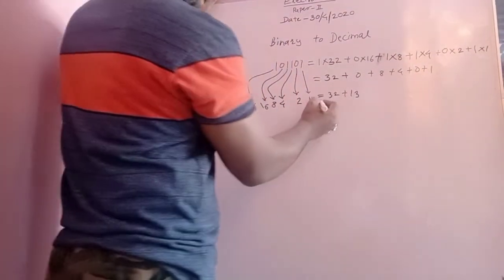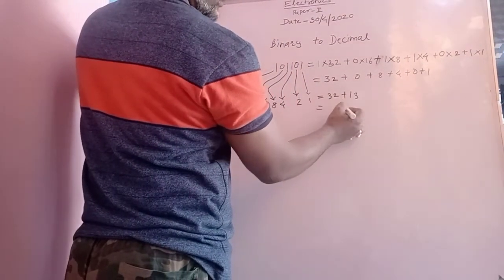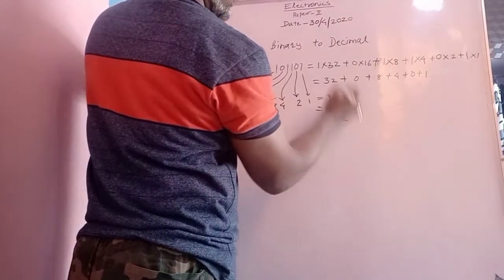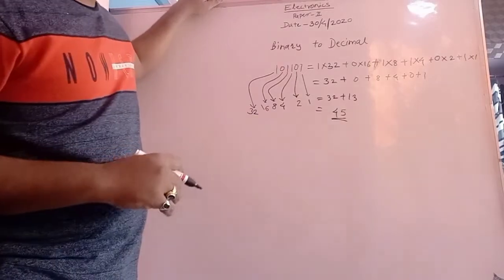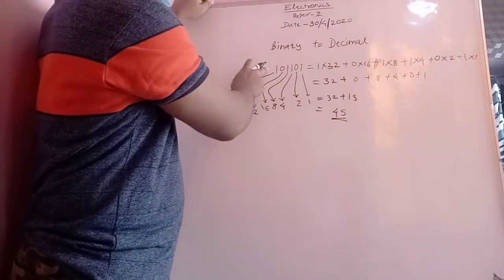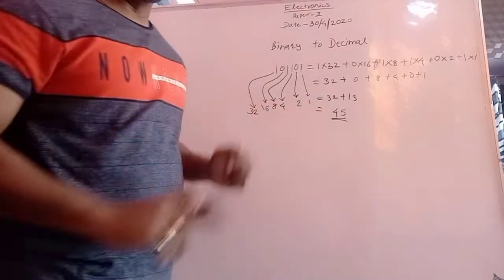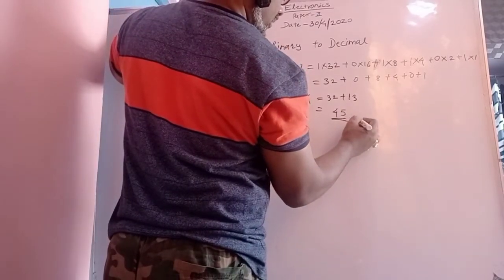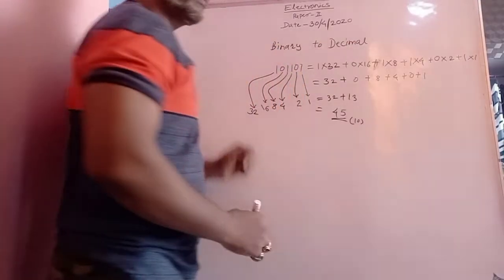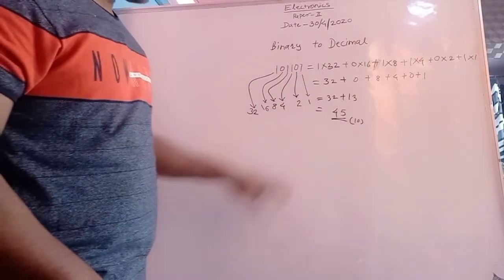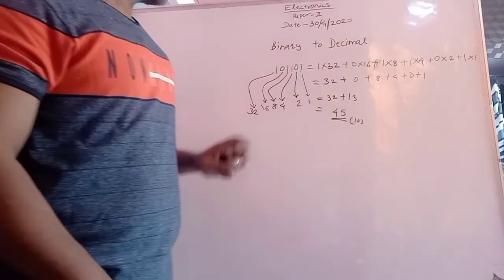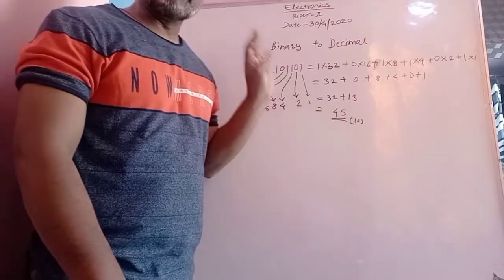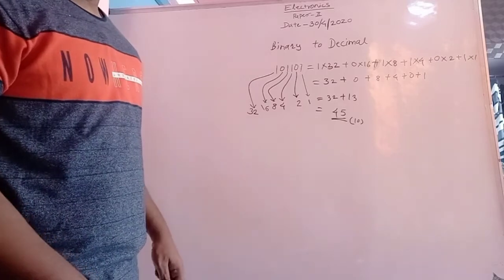Okay, so it becomes 45. So this is the conversion of binary number into its equivalent decimal number. So you have to write base 10. It indicates this number is decimal. So this is the simple way. So we have to convert binary into its equivalent decimal number.